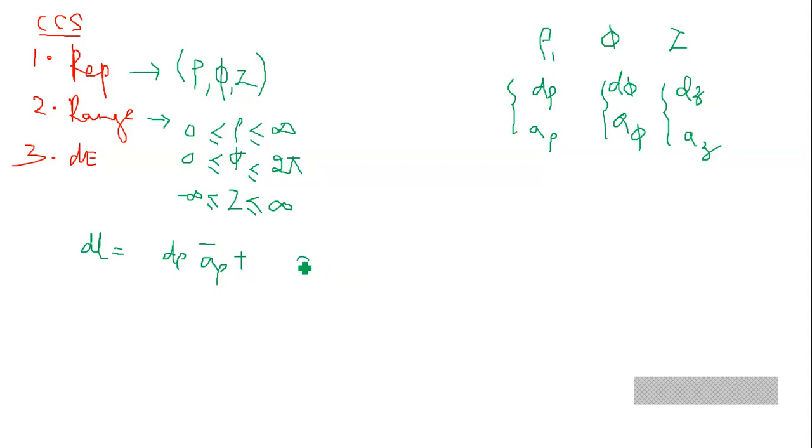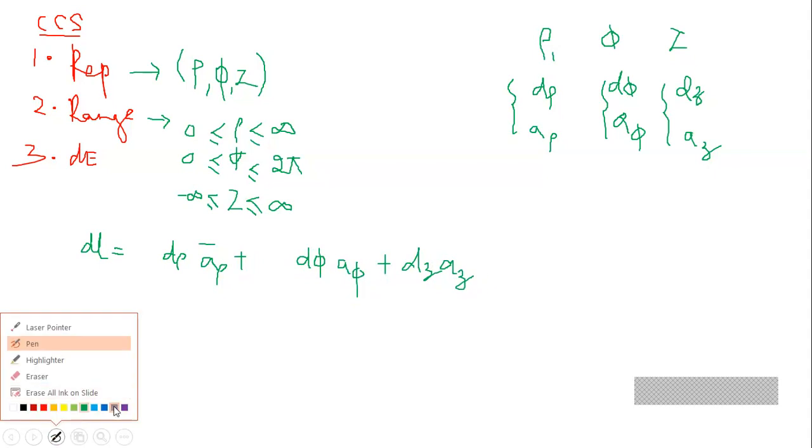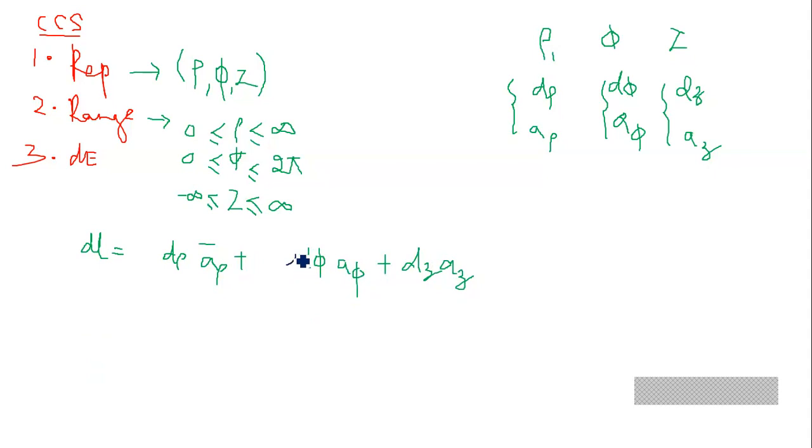Let me tell you the reason later. d phi, a phi, plus dz az. Just you need to add here, to the d phi, you need to add rho, which is very important.